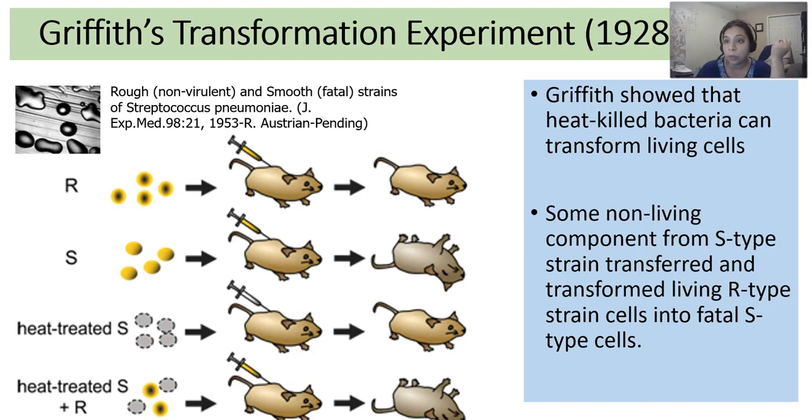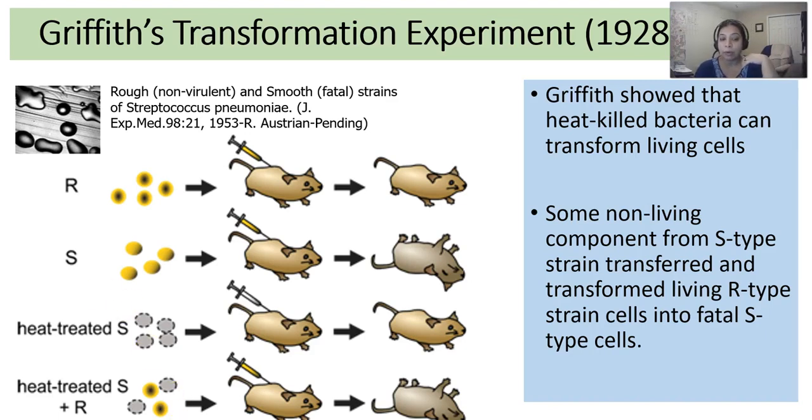Well, lo and behold, what they found was that the mice died. And when they took the culture from the blood of those mice, they found that those mice actually had smooth bacteria inside them.